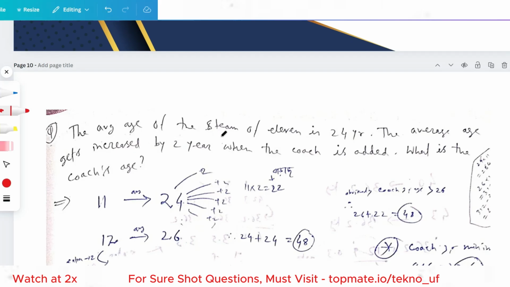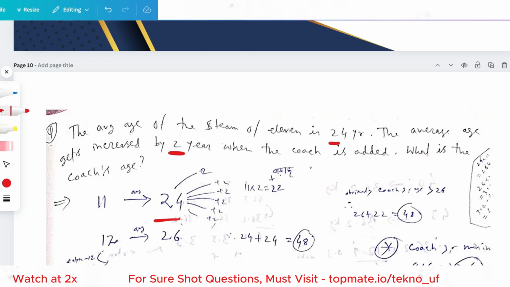The average age of the team of 11 is already 24 years. When the coach is added, the average increases by 2 years, so there are now 12 members, and the average goes from 24 to 26.